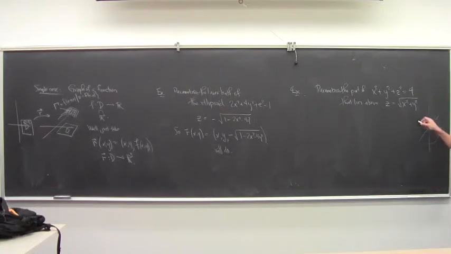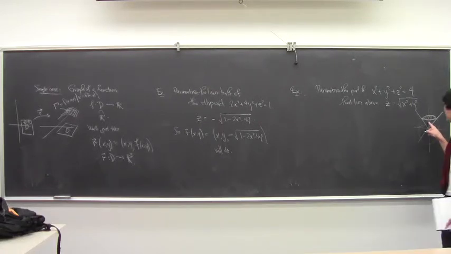All they're asking for is that you parametrize the part of the sphere that lies above this cone. So you have this cone here, and they're asking you to parametrize just this cap here. So you don't need to subtract the cone or anything like that.